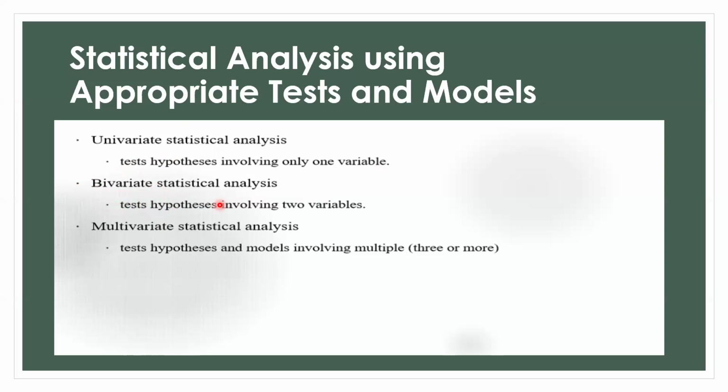So it will incorporate multiple variables, right? Three or more, right? There, of course, you have to use multiple statistical analysis techniques such as regression, not the simple linear, but the multivariate regression.